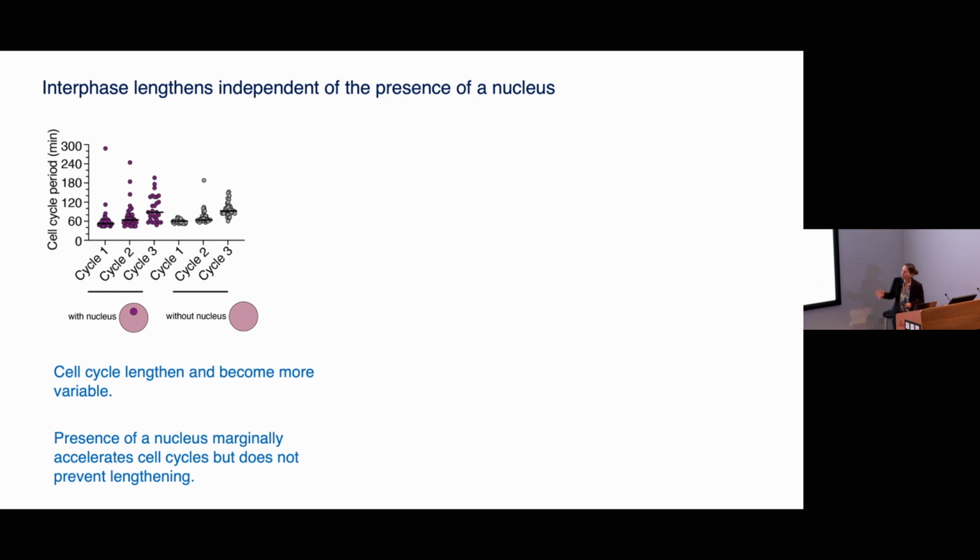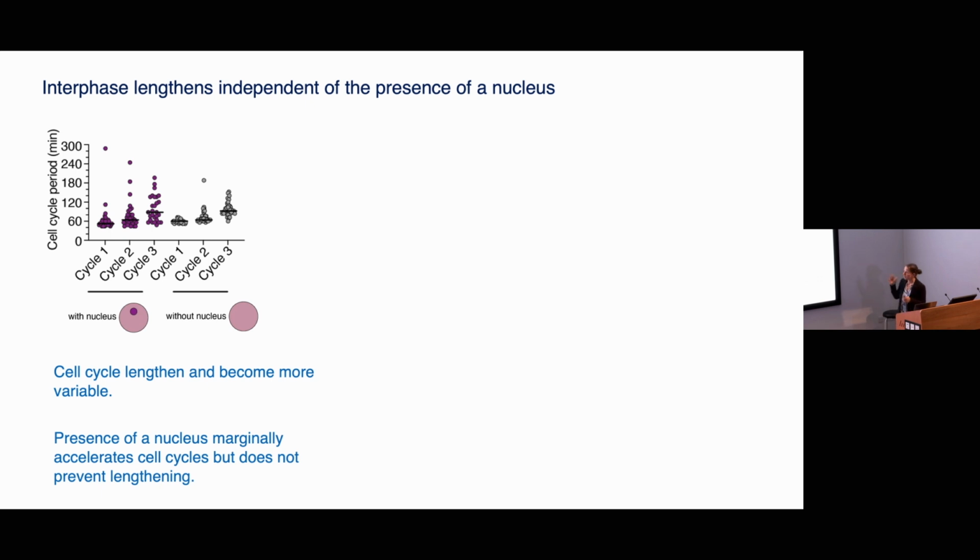So if we compare the cell cycle lengthening with the nucleus or without, we can see that there's only a very minor difference, where it seems like the nucleus generally accelerates the cell cycle, but the lengthening actually stays the same, independently of whether there's a nucleus in these.